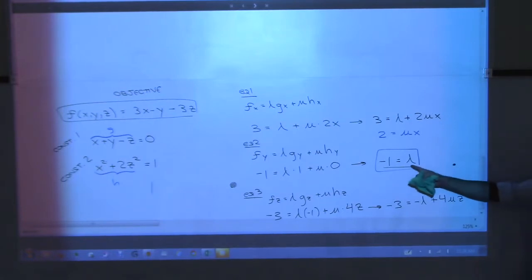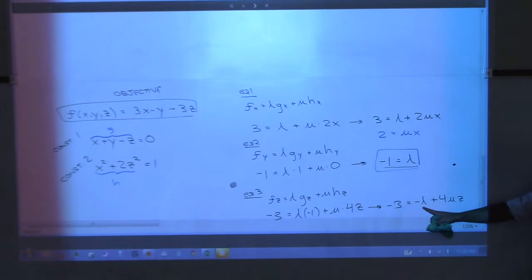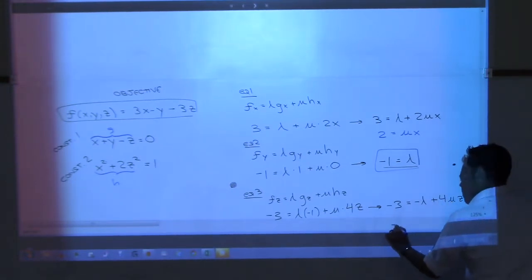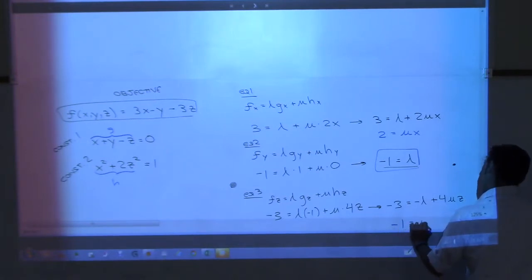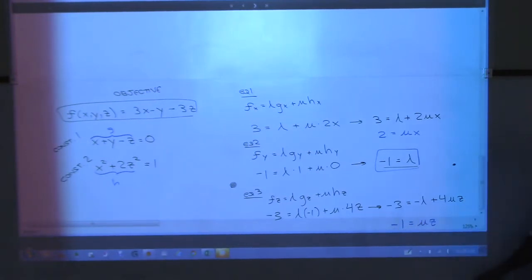That's after I plug lambda's -1 into that one. When I plug lambda's -1 into this one, it becomes a +1. And then I subtract 1 from both sides, I get -4. And then I divide by 4, and I get -1 is mu z. Agree? Now what?